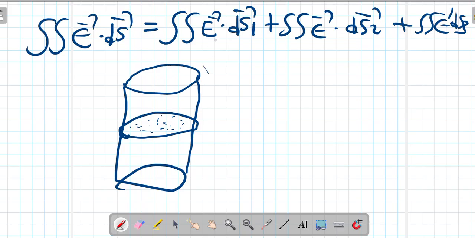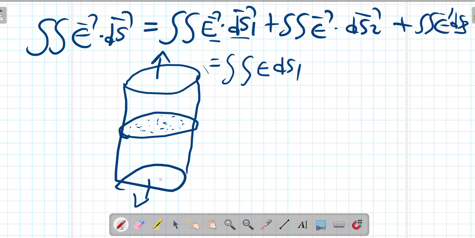Now the dot product here: you multiply these two as magnitudes. If you want to represent these two vectors by magnitude, you just take the magnitude part, which is just E. So you have the integral of E multiplied by dS1. But before you do the multiplication, you have to check: are E and dS1 in the same direction? What did we say about E?